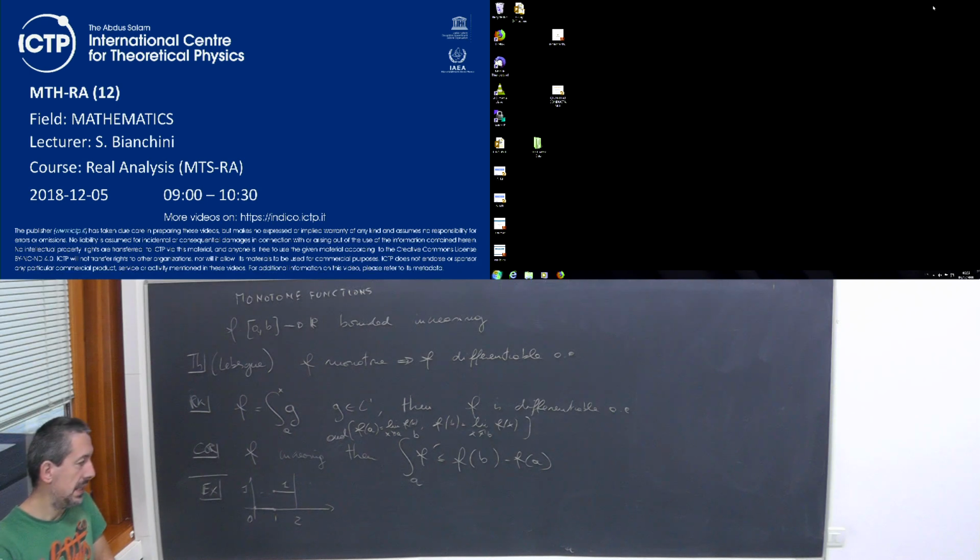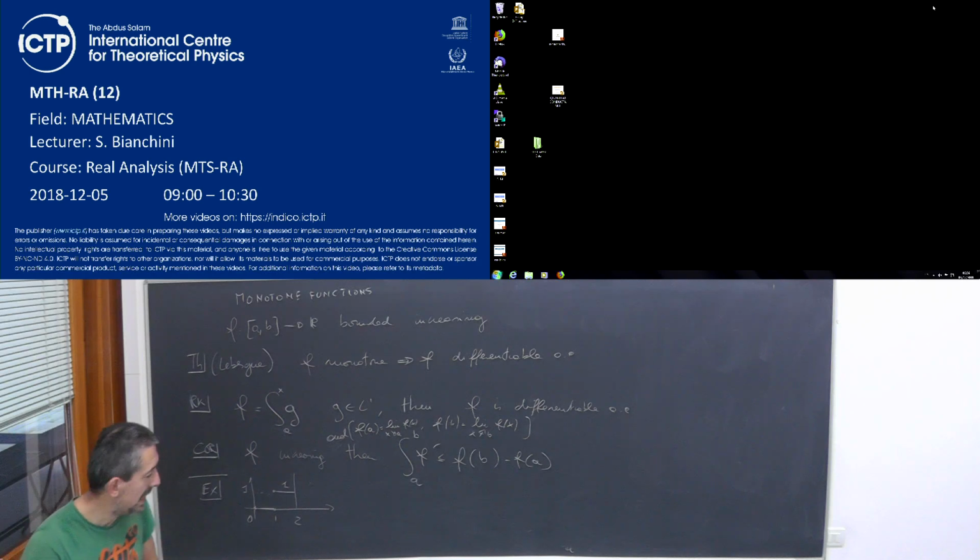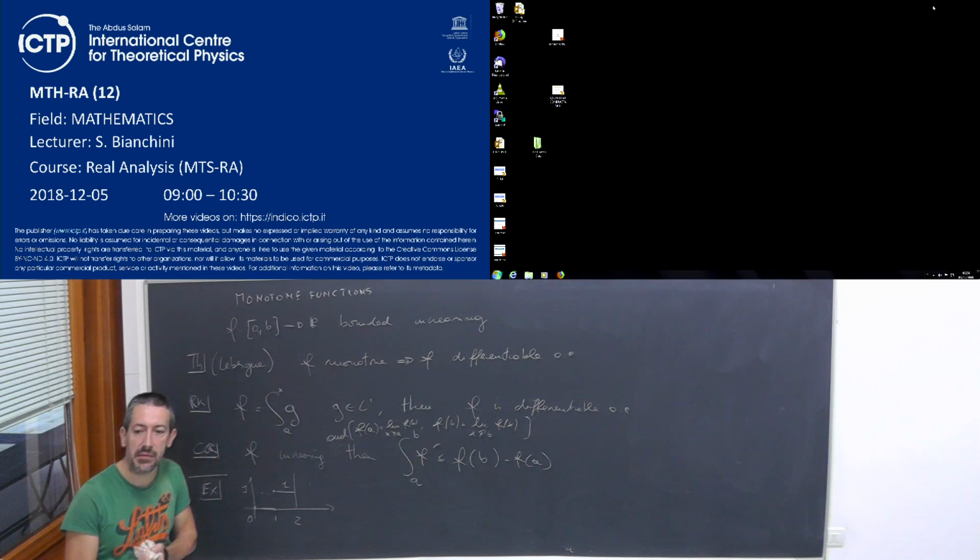Yes. Can it be the integral of an L1 function, without just looking at it? Can a function like this be the integral of an L1 function?